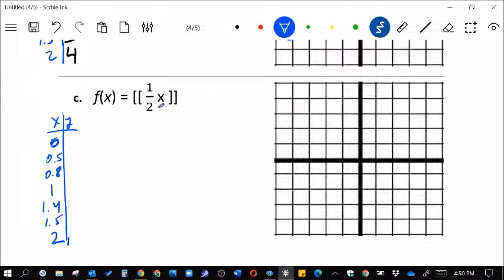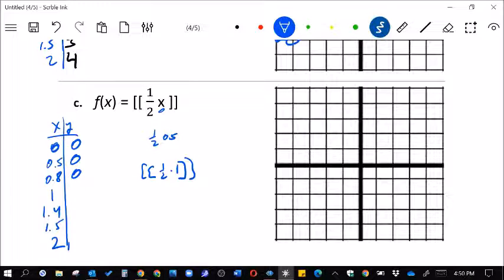So if I put a 0 in here, 0 times 1/2 is 0. 1/2 times 0.5 is 0.25, but it still reverts back to 0. Half of 0.8 is 0.4, but it reverts back then to 0. If I put a 1 in here, well, 1 times 1/2 is just 0.5, and we revert back to 0.